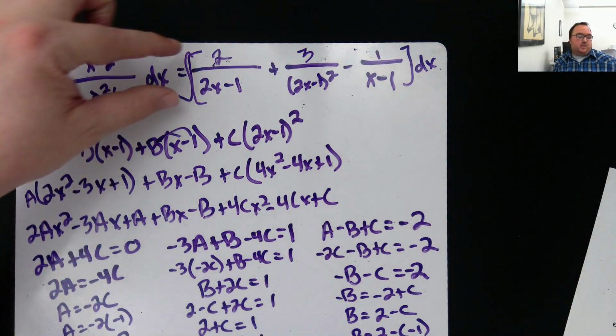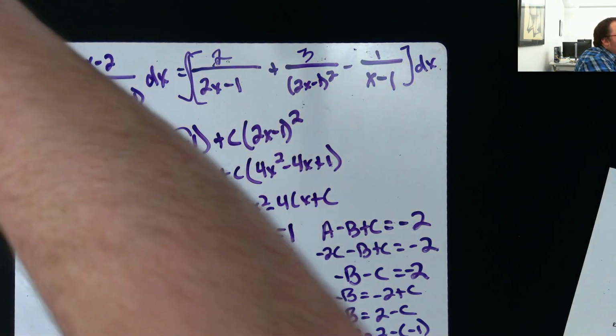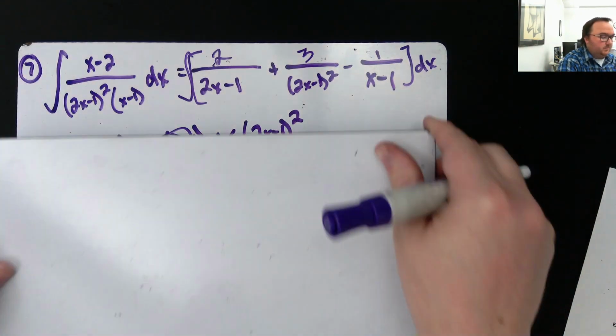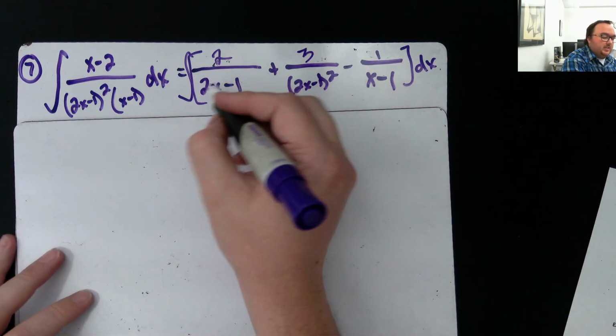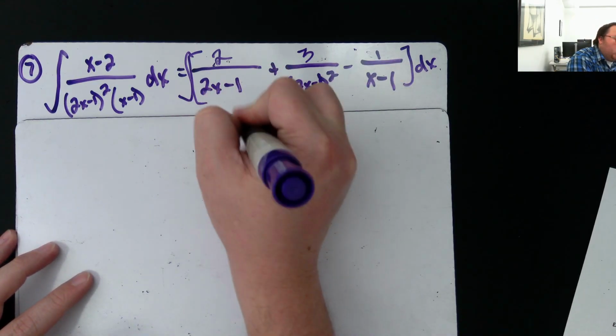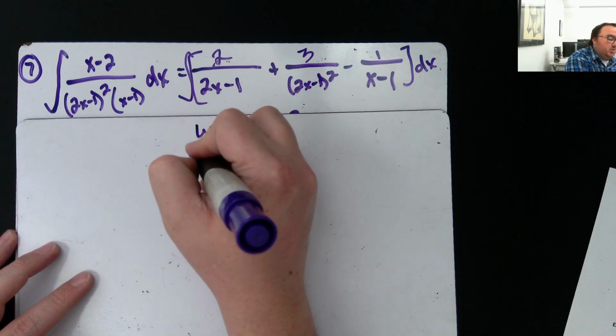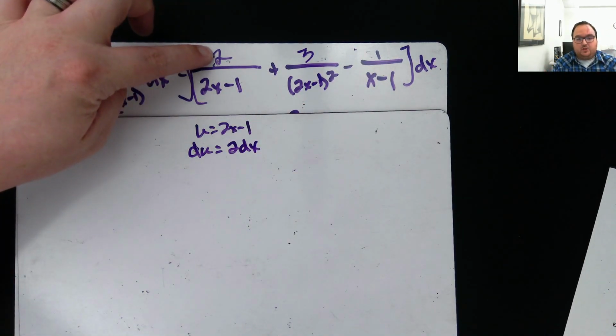So I have it broken down to this. All of those we learned how to do in Cal 1. So, working this out, for this one right here, I would want u to be equal to 2x minus 1. So du would have to be 2 dx. And look at that, I already have 2.